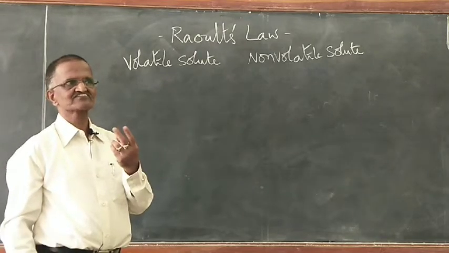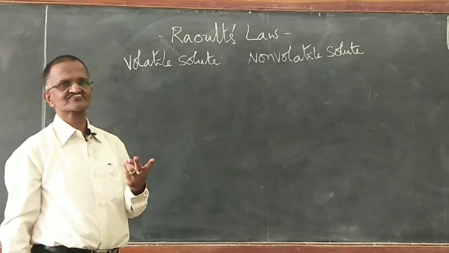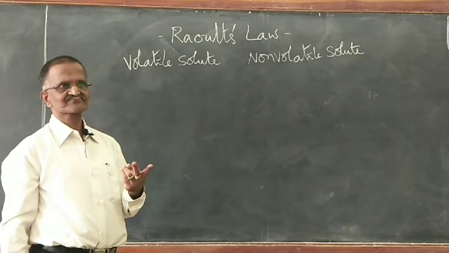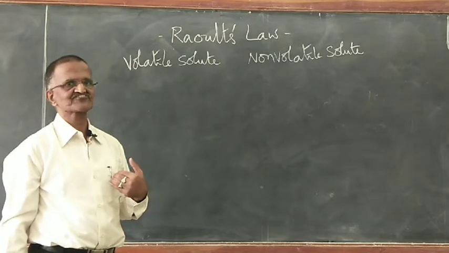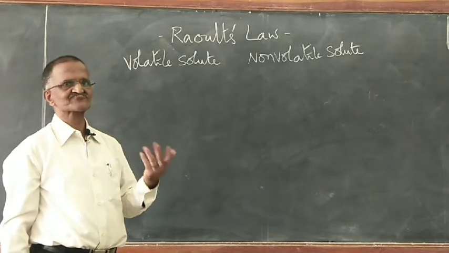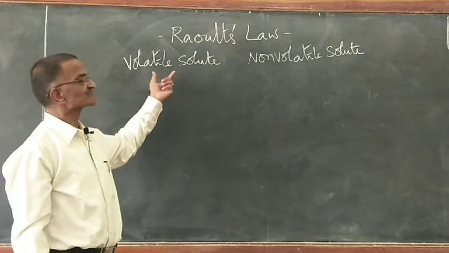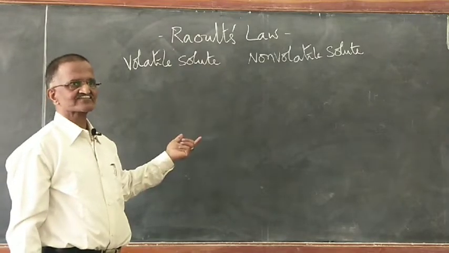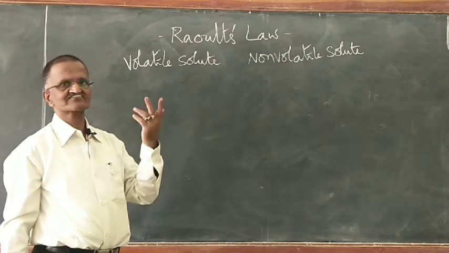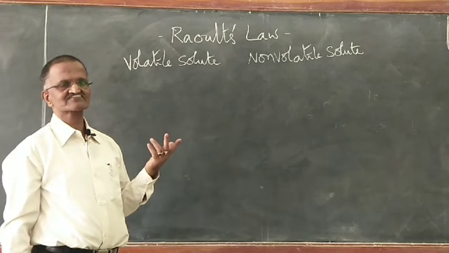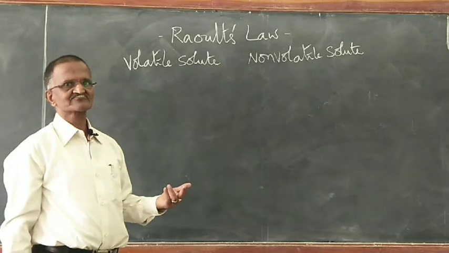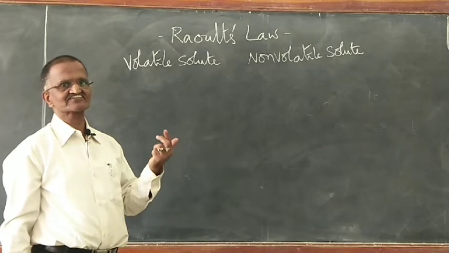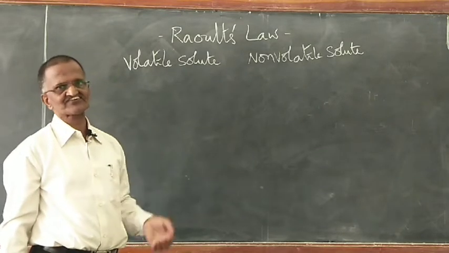So when both the solute and solvent are volatile, how is it going to affect vapor pressure? Once we know vapor pressures, we can see how they determine other colligative properties, boiling point, freezing point, etc., that we will take further.